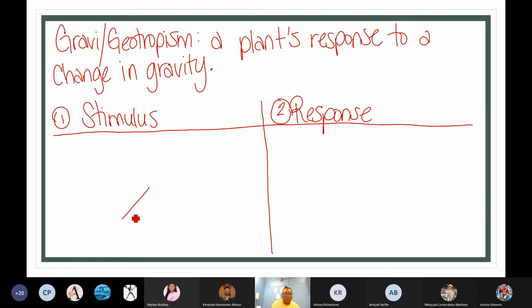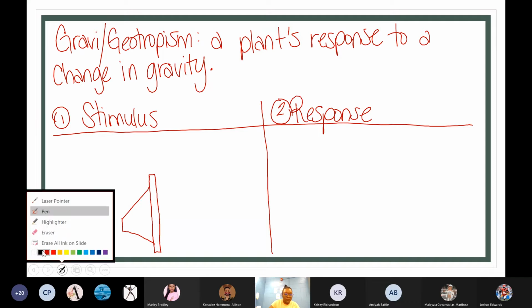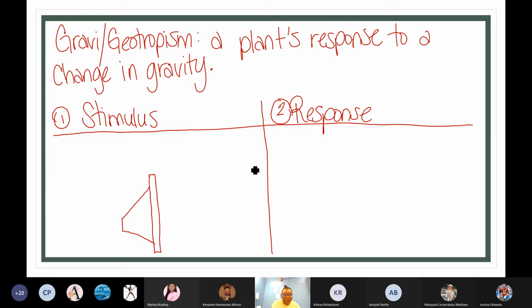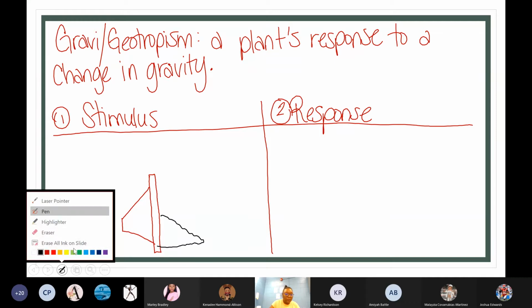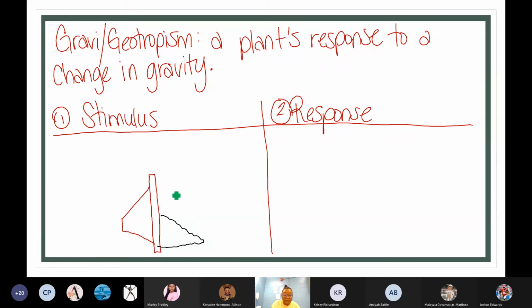So in our notes, we're going to draw a potted plant spilling over. The soil pours out, and our plant will also fall.